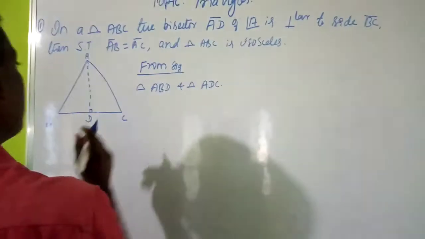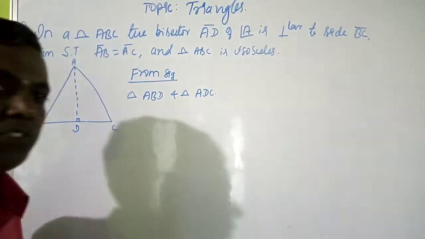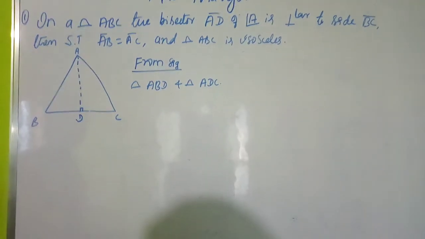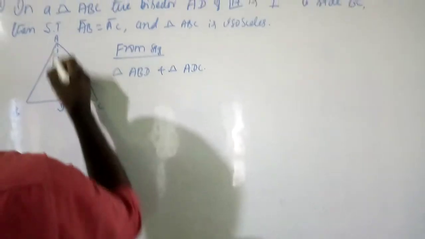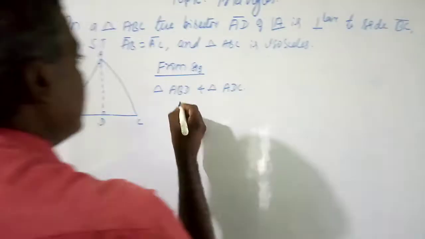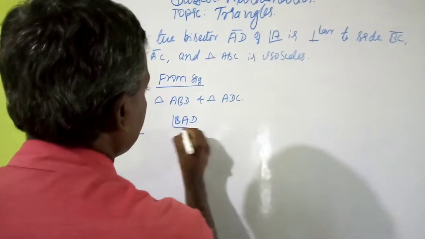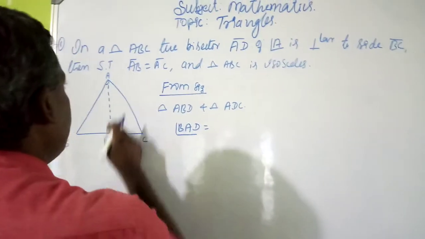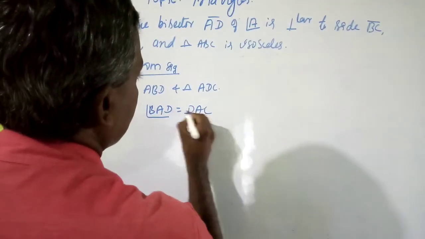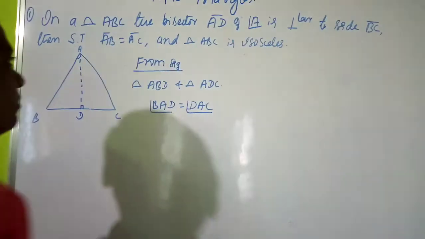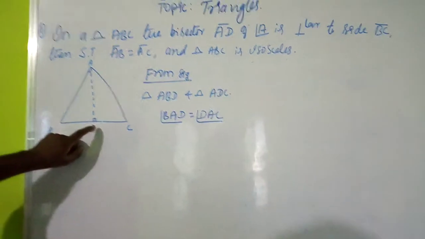What are we going to compare here? Just as with any objects, if you take angles and sides, you have to make a comparison. Next, angle BAD is equal to angle DAC. Why is it so? Because AD is the angle bisector, the line which is perpendicular to BC.